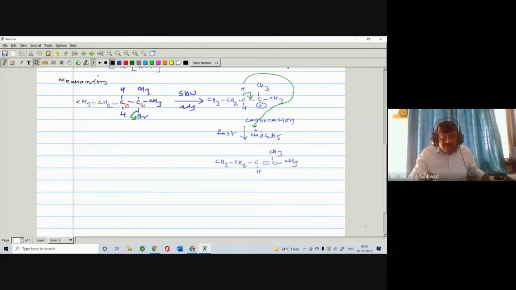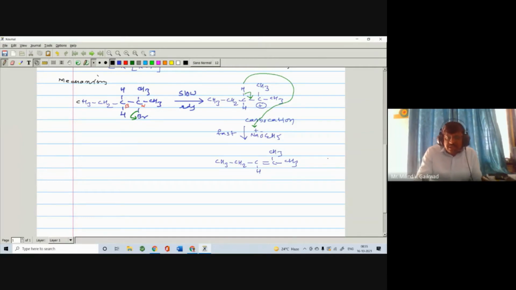So you have seen the mechanism of the E1 reaction. Then a question arises, we have to give the evidence for the mechanism. What have we said? The first step is the slow step, the RDS step. The second step is abstraction of a proton, and there is a formation of the corresponding alkene. In the previous case, if there is a breaking of the bond between carbon and hydrogen in the RDS step, it obeys the kinetic isotope effect.